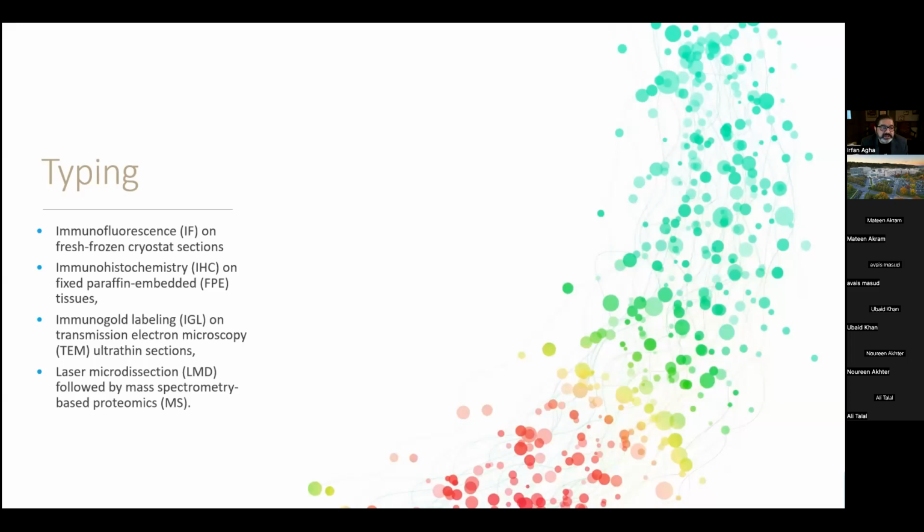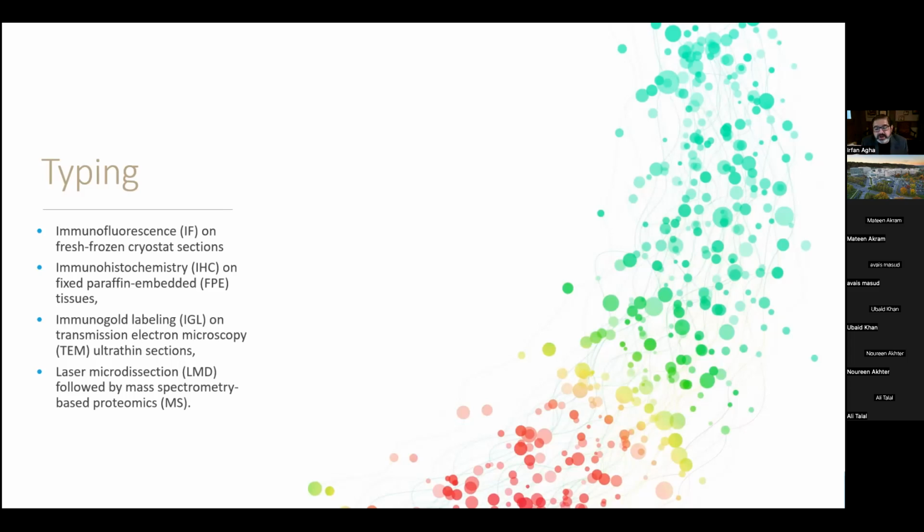So the next thing to do is to type the amyloid. The various ways we type the amyloid is we can use immunofluorescence on fresh frozen cryostat sections, immunohistochemistry on fixed paraffin embedded tissues, and immunogold labeling on transmission electron microscopy, which actually combines immunofluorescence with electron microscopy techniques.